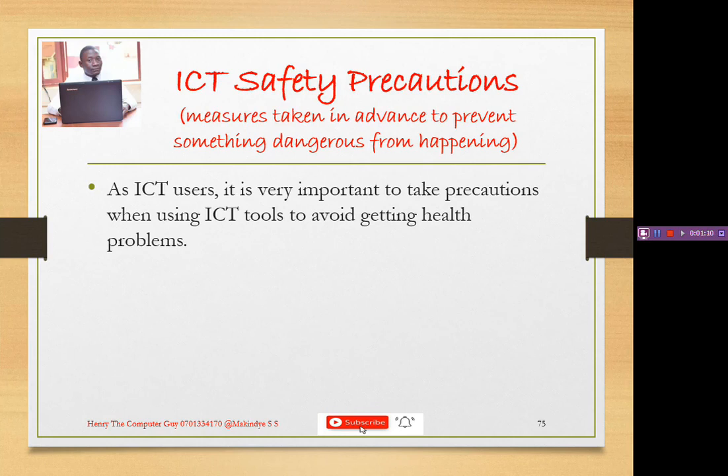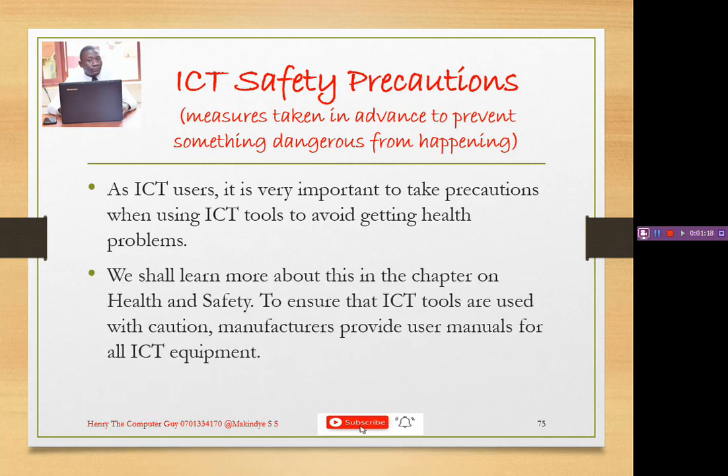As ICT users, it is very important to take precautions when using ICT tools to avoid getting health problems. We shall learn more about this in the chapter on health and safety. To ensure that ICT tools are used with caution, manufacturers always provide user manuals for all ICT equipment.